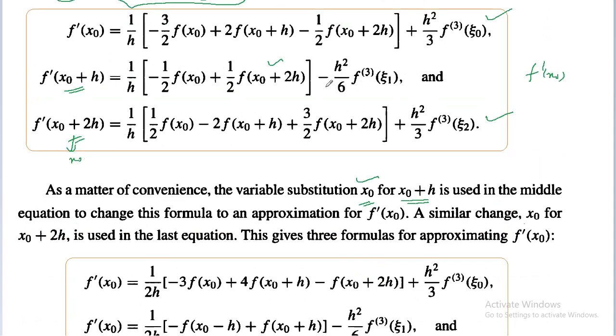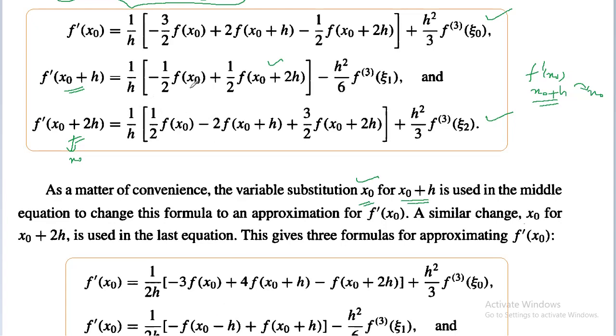So in the second one, if we replace x0 plus h as x0, that implies x0 is nothing but x0 minus h.